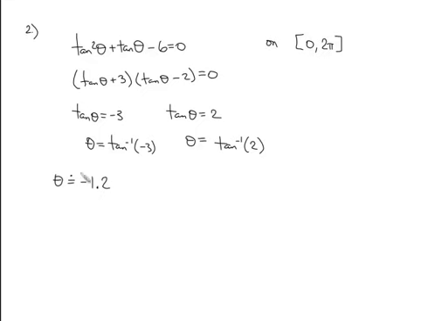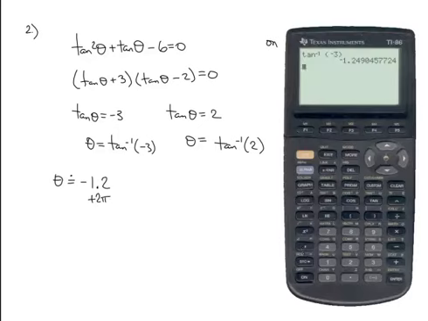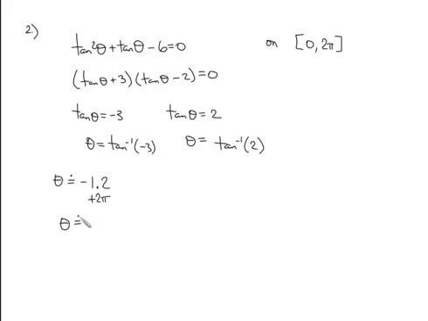So whenever we have a negative angle that's too small for our unit circle, we're going to find a coterminal angle that gives us the equivalent values for all of our trig functions by adding 2 pi to that. So I go back to my calculator and I take that value and leave the whole thing in there and then do plus 2 pi. And it gives me about 5.0. So theta about equals 5.0 radians.